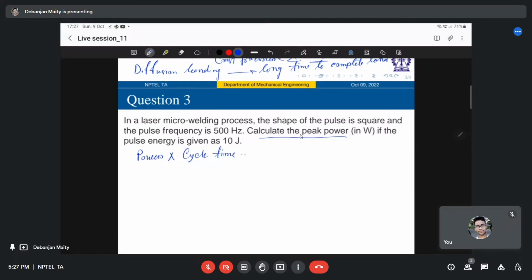into cycle time. So your pulse is square like this, maybe the laser pulses, and this is your cycle time, which is, I don't know the cycle time, but your pulse frequency is given, right? Pulse frequency is 500 hertz. So from pulse frequency, you of course can estimate the cycle time.